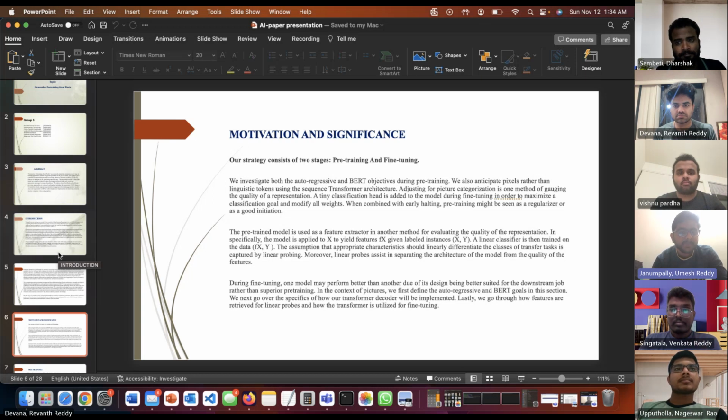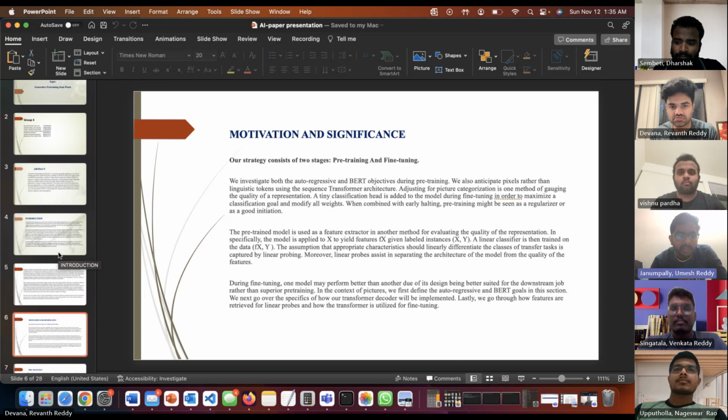Specifically, the model is applied to x to yield features f(x) given a labeled instance (x, y). A linear classifier is then trained on the data. The assumption is that appropriate characteristics should linearly differentiate the classes of transfer tasks.